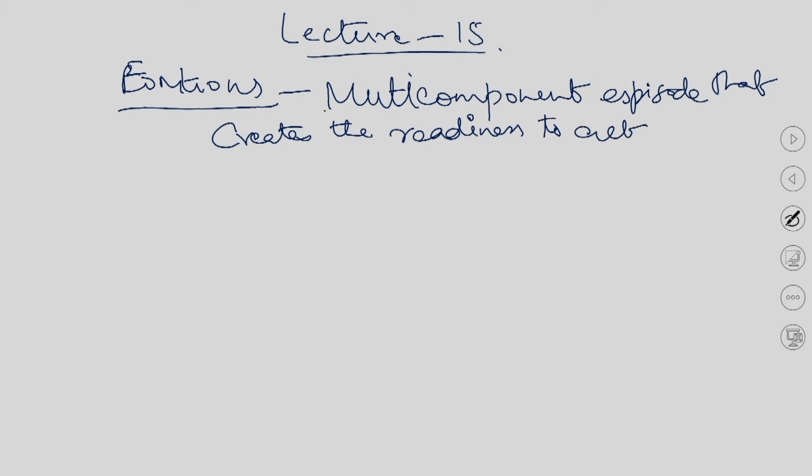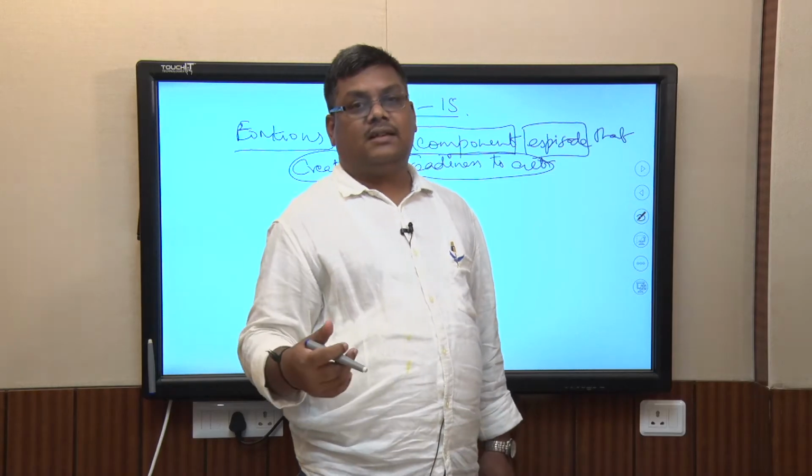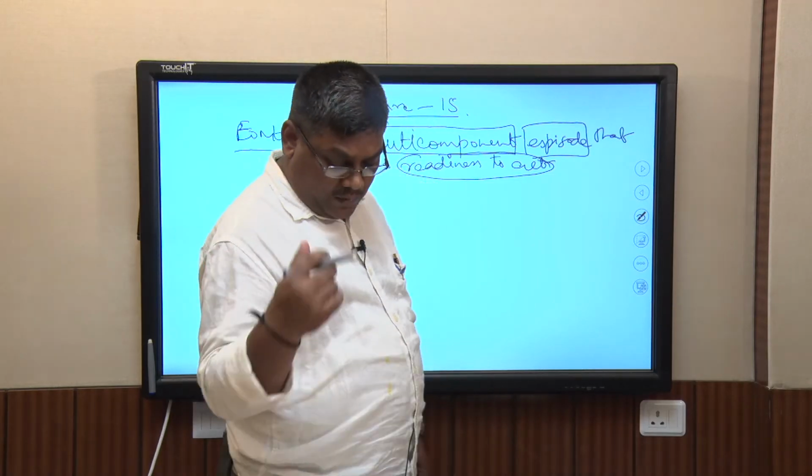The definition says it is a multi-component episode, which means that emotion is not a single component, not a single process. It is a multi-process episode that in turn creates a readiness to act, a drive to act. That is what emotion is all about.